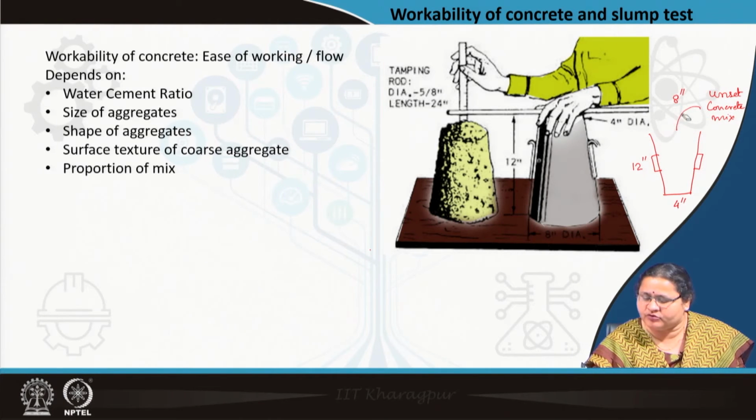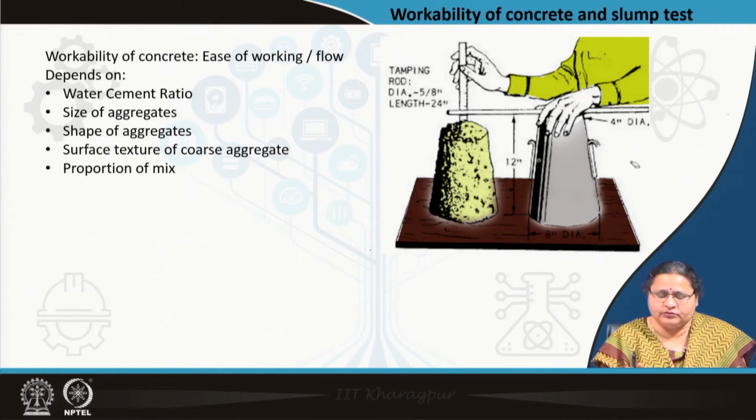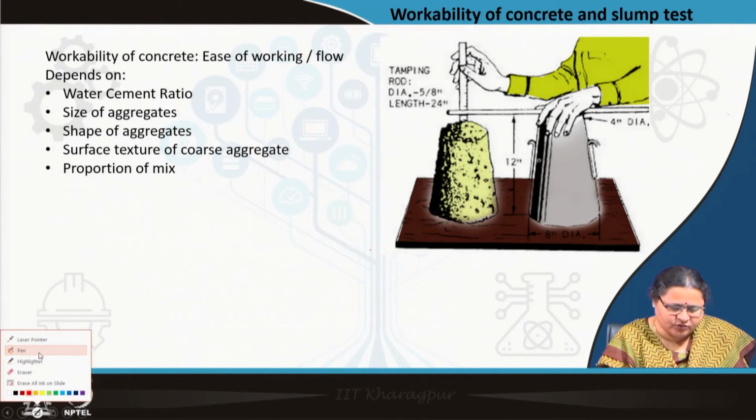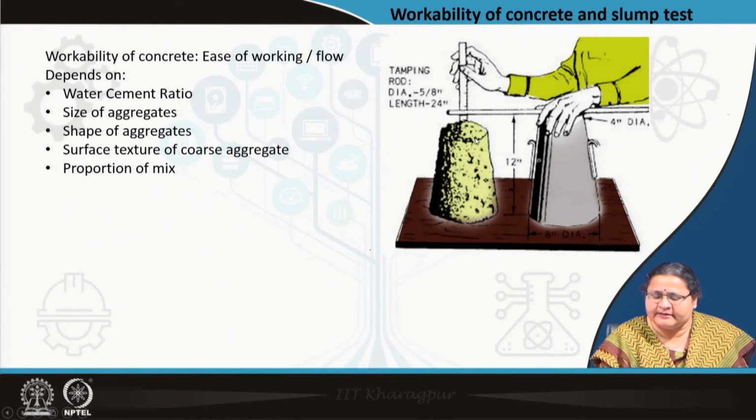Once it is standing for some time, it is gradually trying to go down. Once it is allowed to go down, you can take a measure of it after some time. You will see a gap between the original container height and where it has gradually settled.